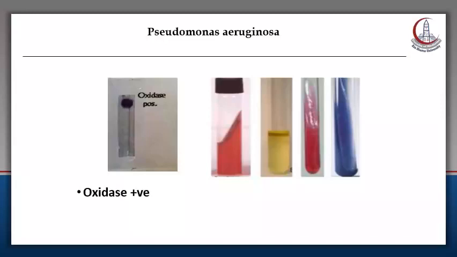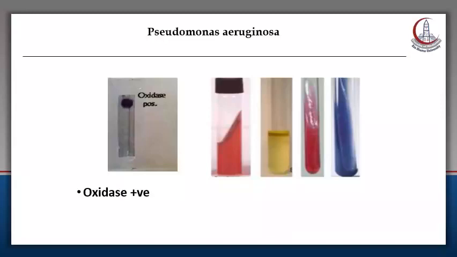Then we perform the four most famous biochemical reactions. We have these four pictures of the four biochemical reactions. The first one is the triple sugar iron. Can you remember the triple sugar iron? It contains three sugars, yes, and iron, and a sulfur-containing amino acid.